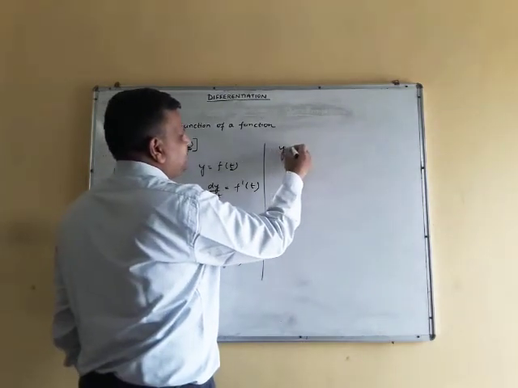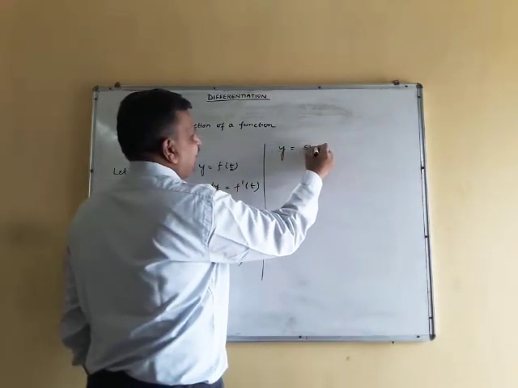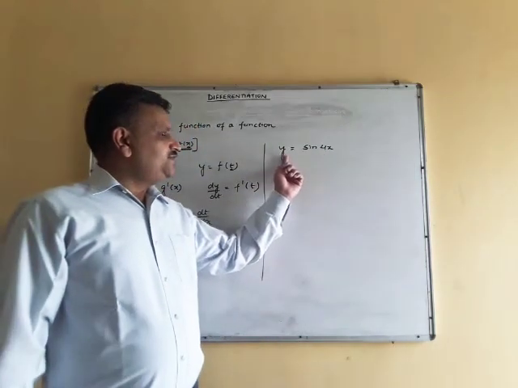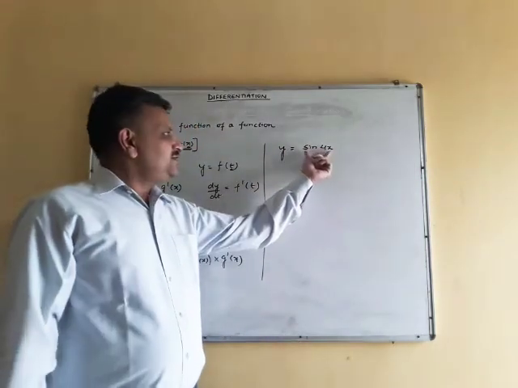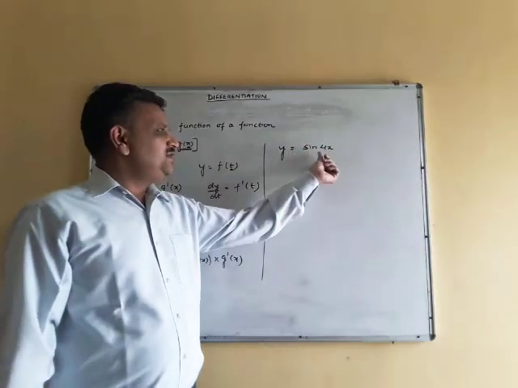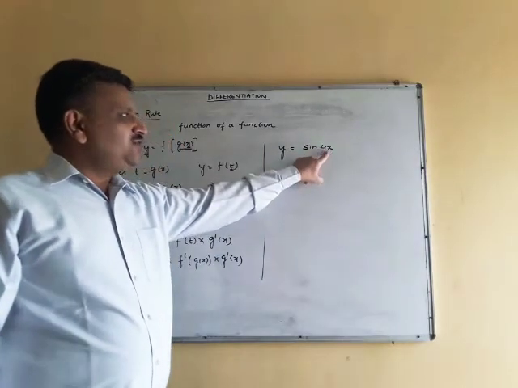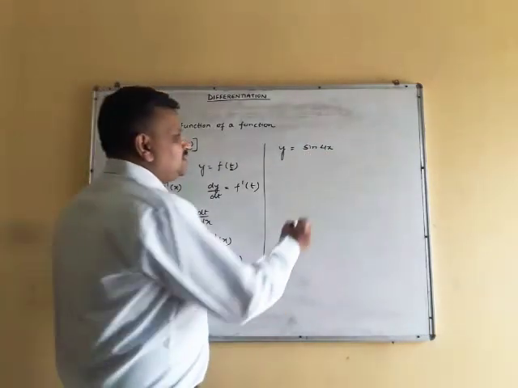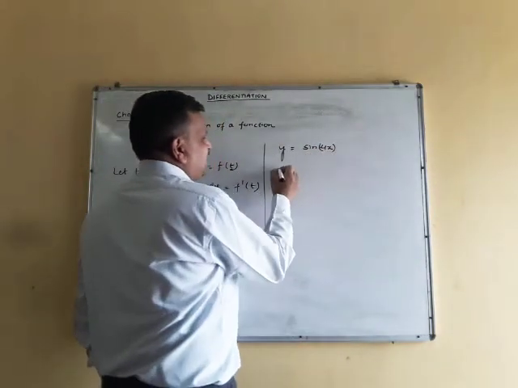Suppose y is a function of sine 4x. Y is equal to sine 4x. So 4x is one function and sine is another function. So we assume this 4x as t.